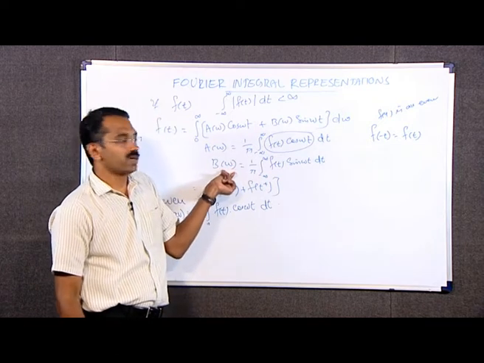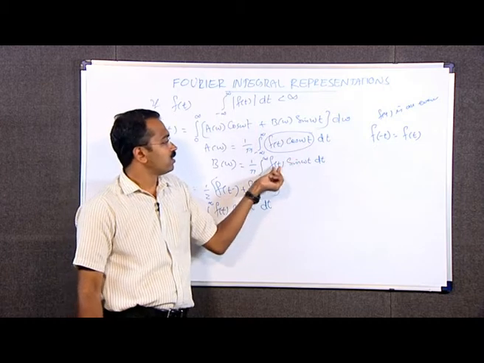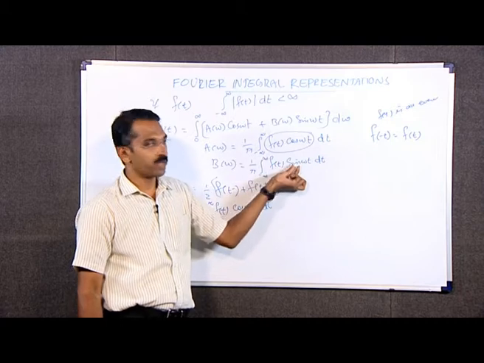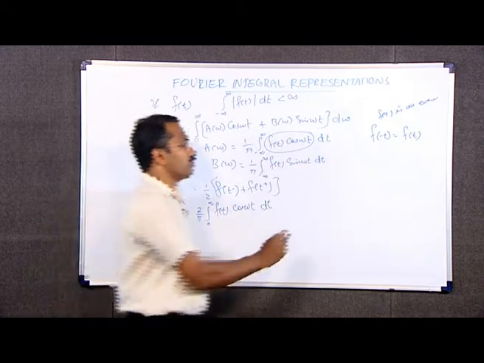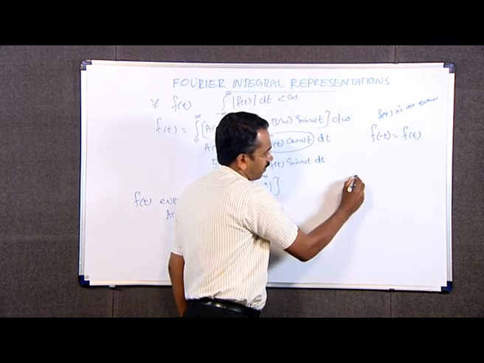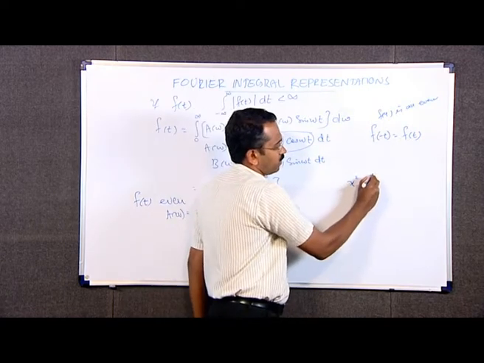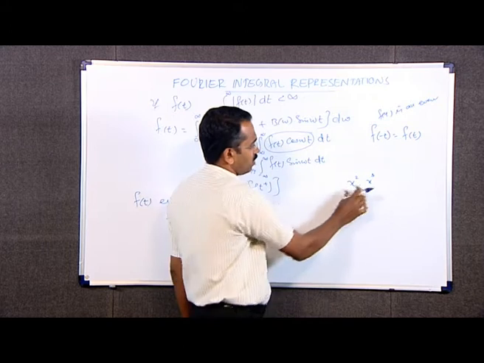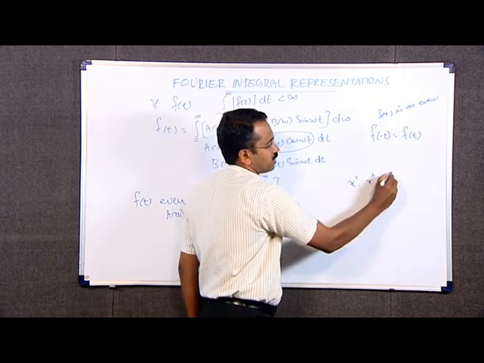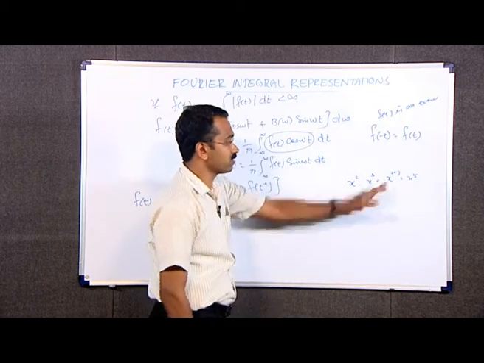Consider b omega. Here sin omega t is always odd and f of t is even, so an even function into an odd function is always odd. For example, x square is an even function whereas x cube is an odd function. This product is x raised to 2 plus 3, that is x raised to 5, which is an odd function.